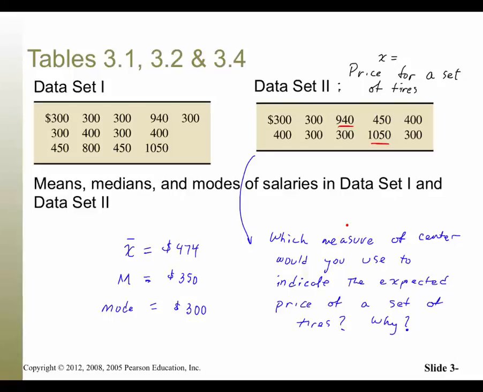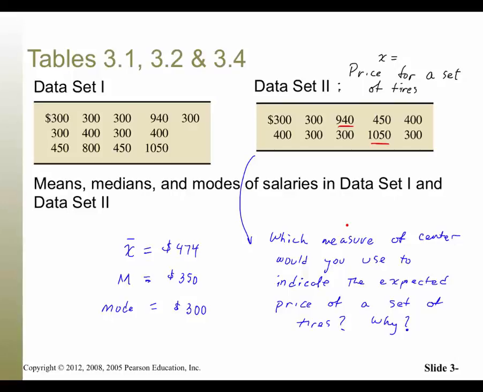But now looking at this data set, would you expect to pay close to $1,000 for a set of tires? This is all given the fact that you don't have a choice in the matter, right?